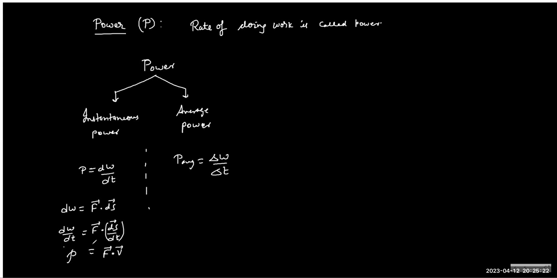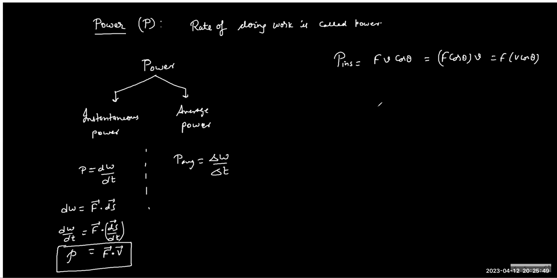So you can see that instantaneous power depends on the dot product of force and velocity, which means you may write it as FV cos theta, which means F cos theta into V, or F into V cos theta.